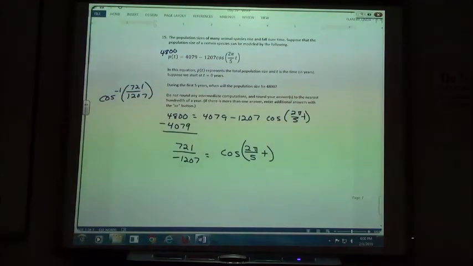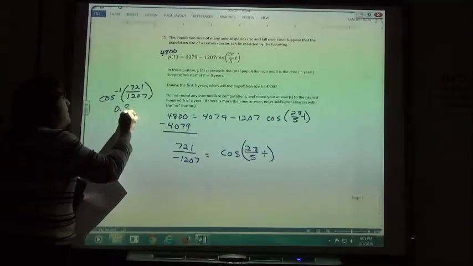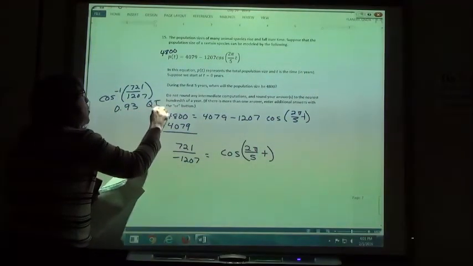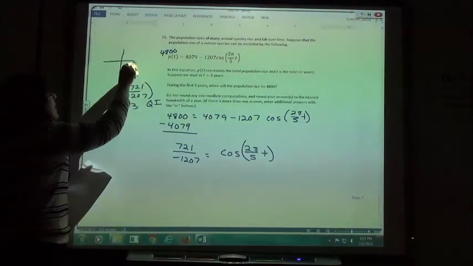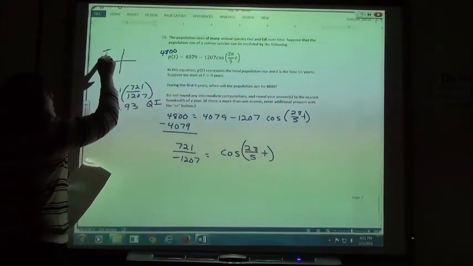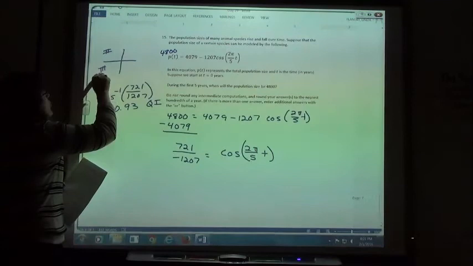So, in radian mode, shift cosine, parentheses, 721 divided by 1,207 gives me 0.93. That's in quadrant 1. We want our cosine to be negative, so our cosine is going to be negative in quadrant 2 or quadrant 3.